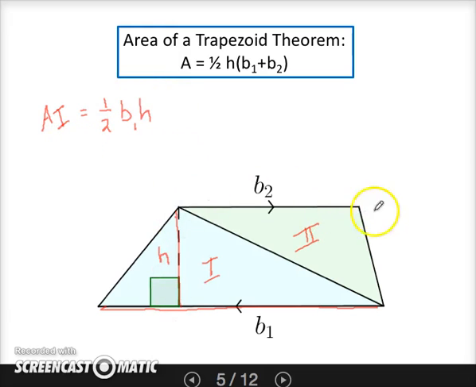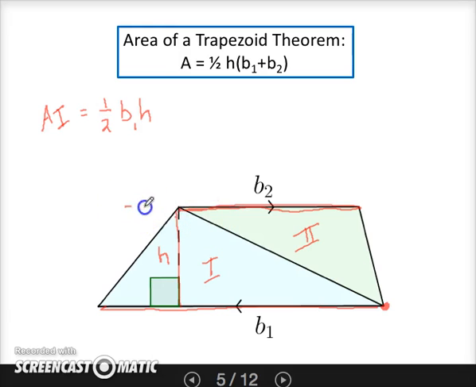Okay, let's look at triangle 2. Now, suppose we pick this side as the base. I know that that's counterintuitive because it's at the top of the triangle, but remember, we can pick any side as the base. And then what would the height of this triangle be? Well, remember that we have to go to the vertex that's opposite the base.